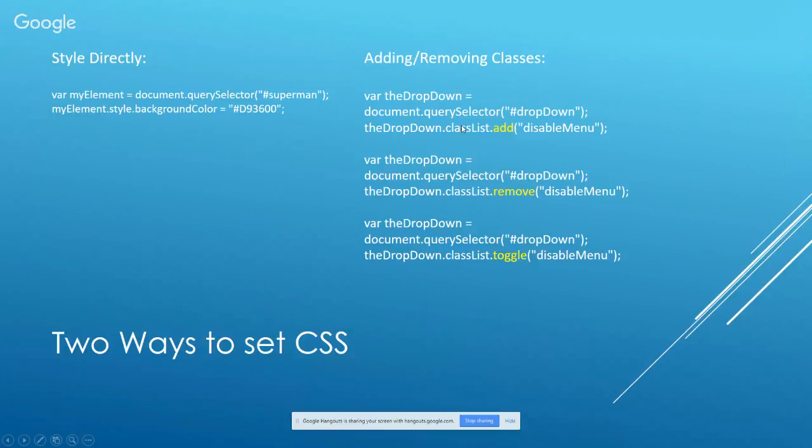The difficulty about that is you have to find the current state and then run your JavaScript based off of that current state, or you can just use the toggle function, which will just flip-flop them back and forth. So that's the main idea of what we were trying to do with the classes.